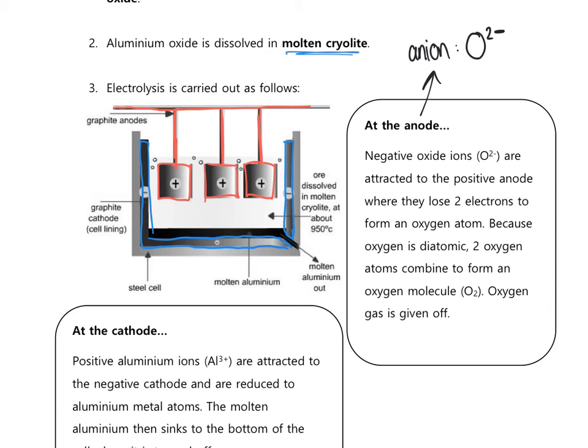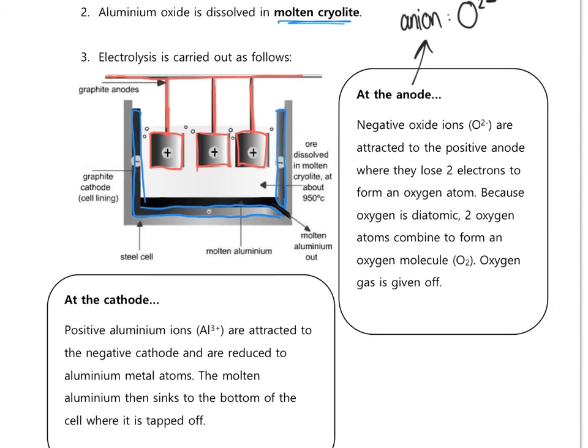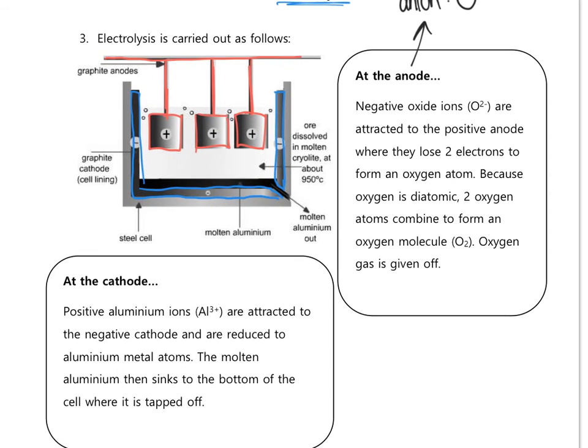Well, let's think about this. Oxygen has a charge of 2-. The oxide ion has a charge of 2- because it has 2 more electrons than protons. And so what I want to do is lose those 2 extra electrons. So represent that by -2 electrons.